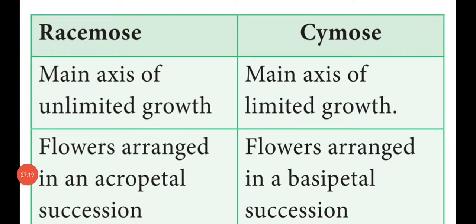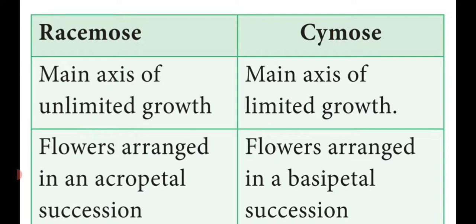So dear students, up to this we have seen different topics. What is inflorescence? Based on the position, the inflorescence is divided into terminal, axillary and cauliflorous. Next, based on the branching pattern and arrangement of flowers, it is divided into 4 broad categories.